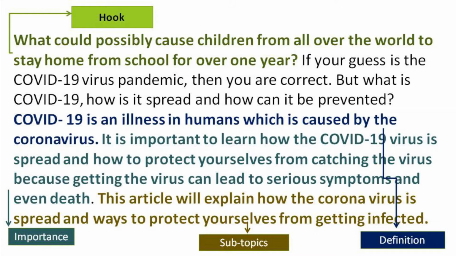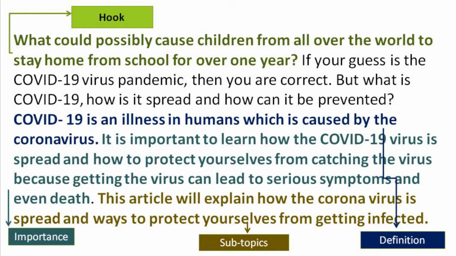COVID-19 is an illness in humans which is caused by the coronavirus. It is important to learn how the COVID-19 virus is spread and how to protect yourselves from catching the virus, because getting the virus can lead to serious symptoms and even death. This article will explain how the coronavirus is spread and ways to protect yourselves from getting infected.